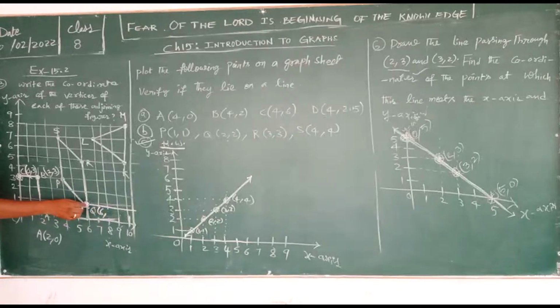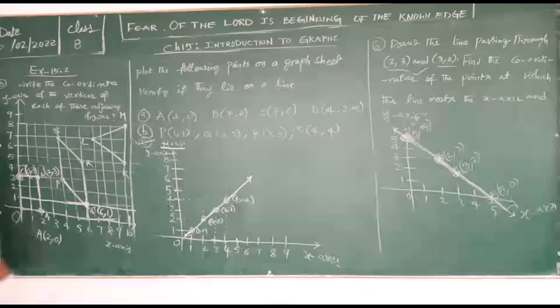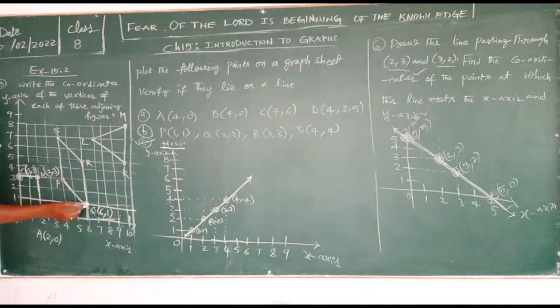What is the y coordinate? You just need to check on this line. 1 you got. So 6 comma 1. Have you understood? In this point, horizontally it is 6, that is the x coordinate. Then you check on the vertical line, that is 1, that is your y coordinate.